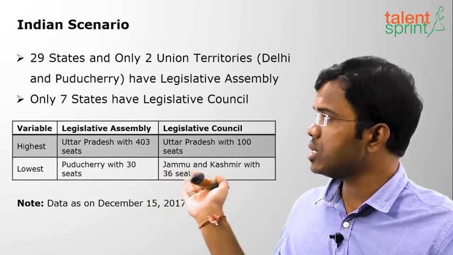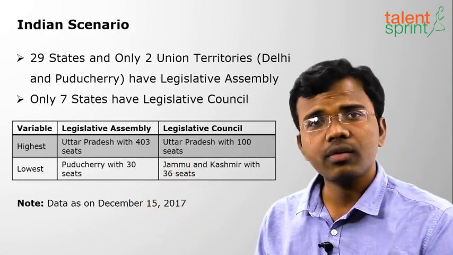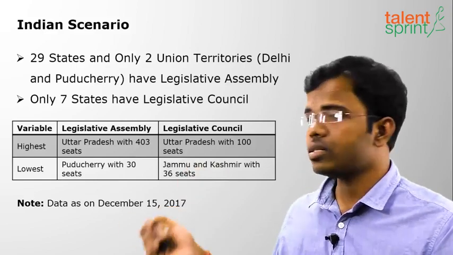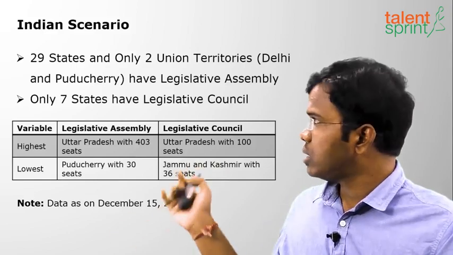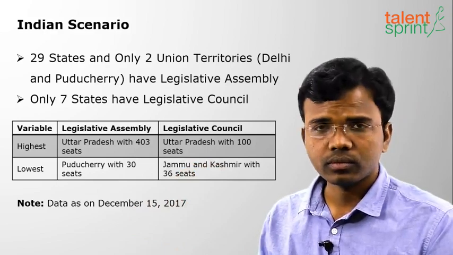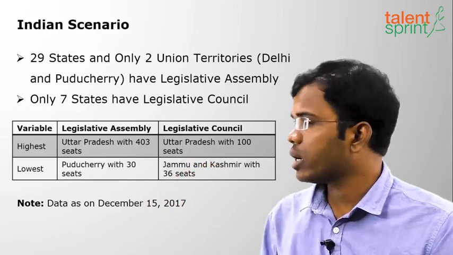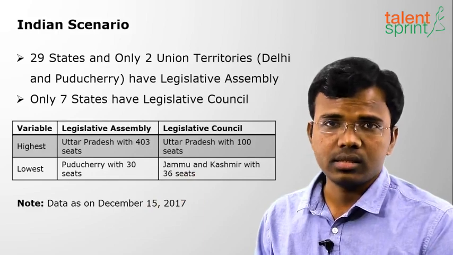The highest number of seats for council is for Uttar Pradesh with 100 seats, and the lowest number of seats for the legislative council is for Jammu and Kashmir with 36 seats.